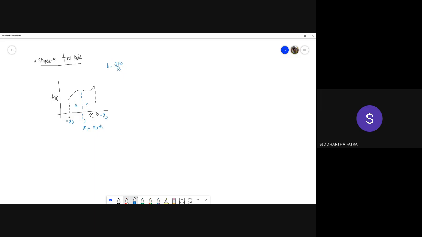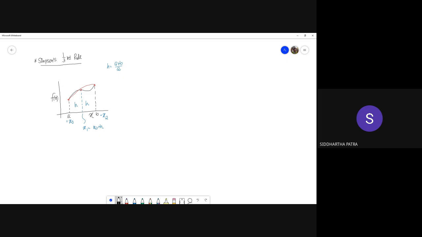And what do we do now? With these 3 points, we would fit a parabola, and that parabola is supposed to approximate the area under the curve. If the segment is sufficiently small, this parabolic method is usually more accurate than any of the 2 previous methods that we discussed.